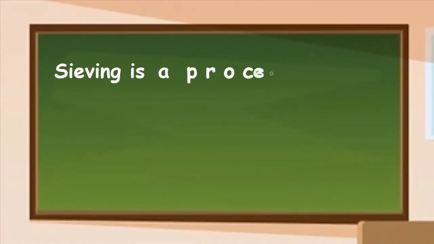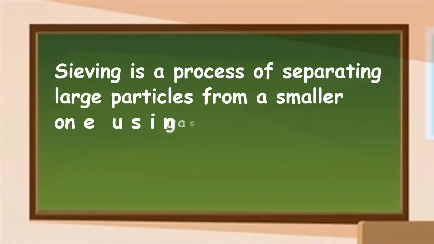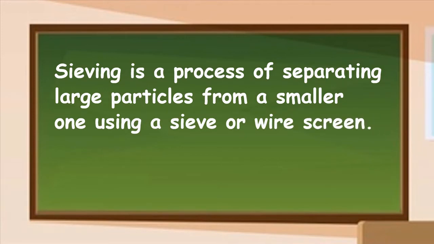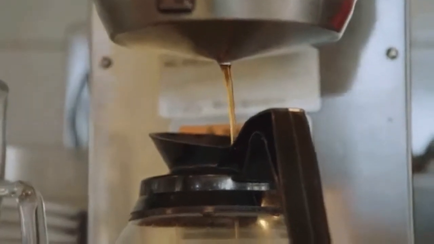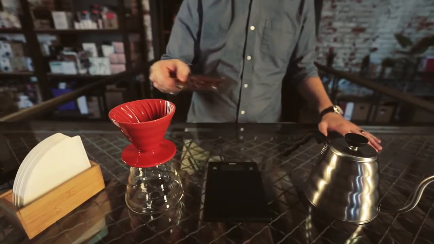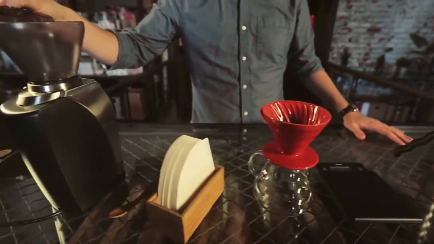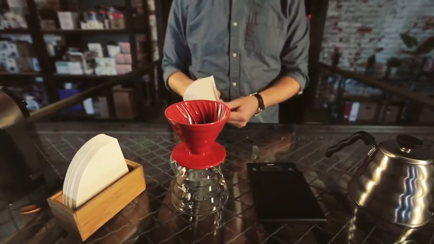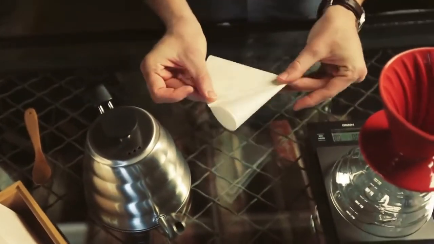Sieving is the process of separating large particles from smaller ones using a sieve or wire screen. On the other hand, construction workers love to sip brewed coffee early in the morning before starting to work. How do we brew our coffee? Yes, that's right.